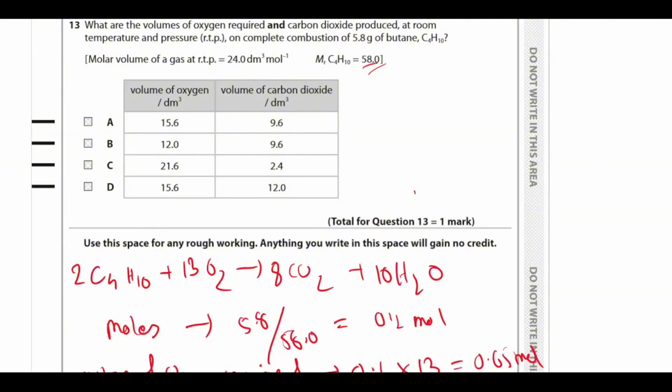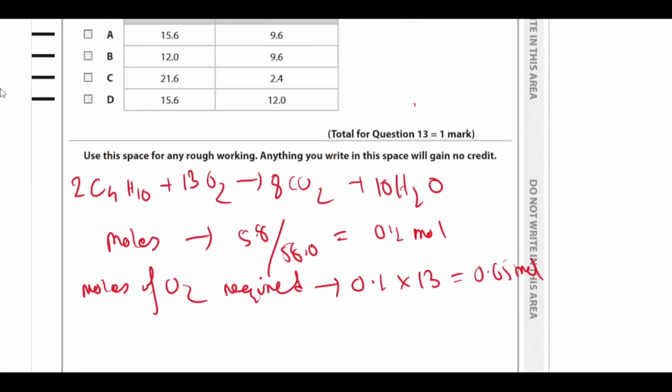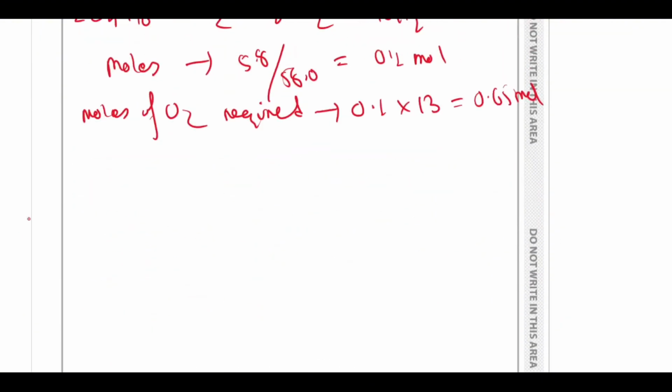Okay, moving on to the next part, the moles of carbon dioxide produced. We can also find the moles of carbon dioxide because you can clearly see the ratio here provided is 2 to 8, so we can use that ratio and find it out as well.